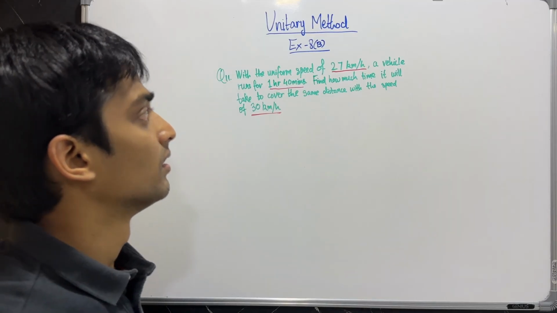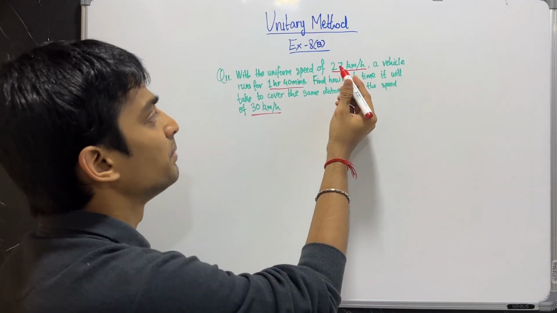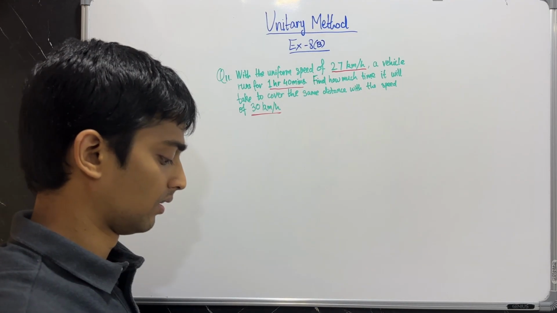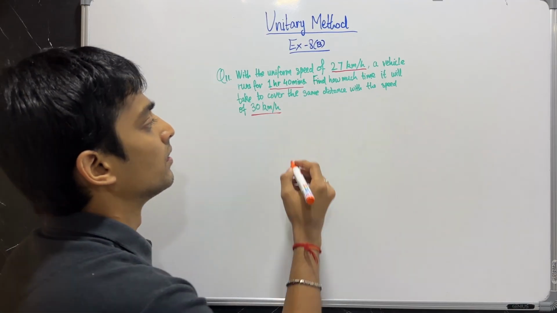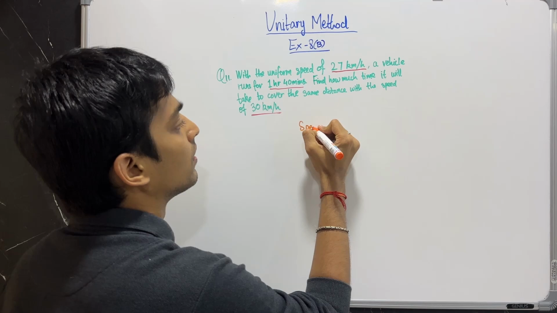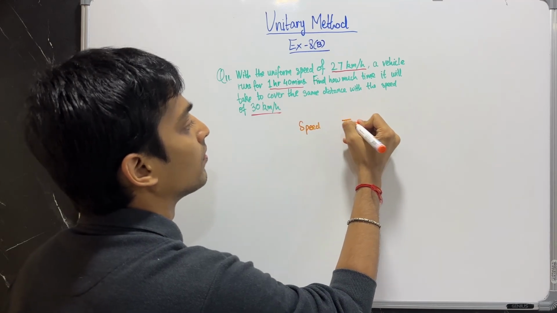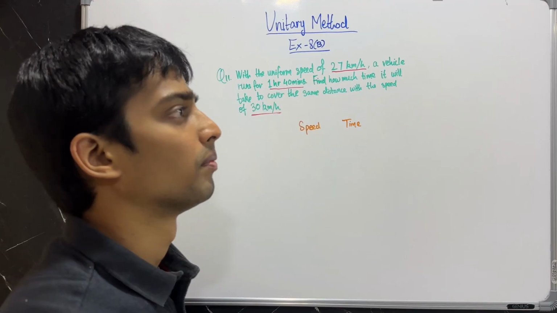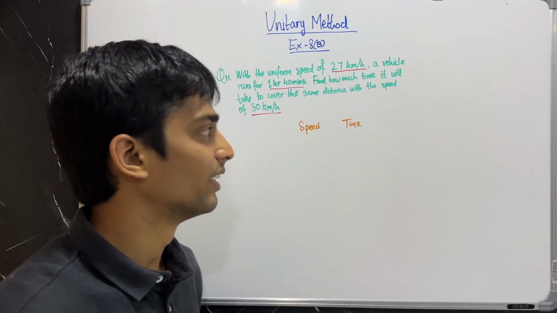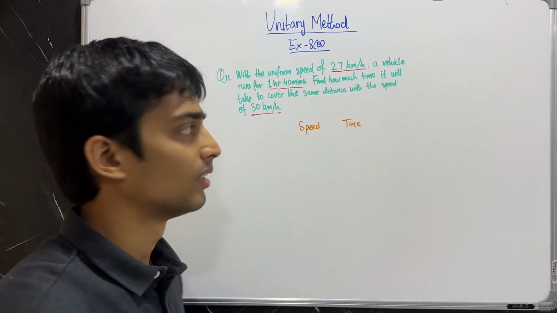Let's understand. There are two things, speed and time. Now let's check whether it is inverse variation or direct variation. Speed, time. Now, there's a car, it is moving at a very high speed.